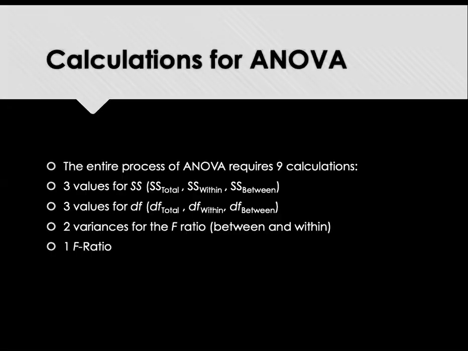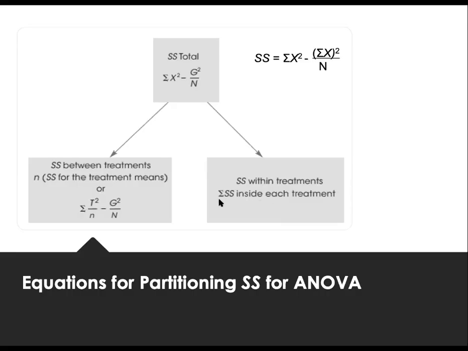And so for sum of squares within treatments, you're just simply going to add those up. So add the sum of squares for treatment level 1, treatment level 2, and treatment level 3. And then one way of computing sum of squares between is to take the total that you compute, subtract within that you compute, and you've got between. So that's one easy way to do it.